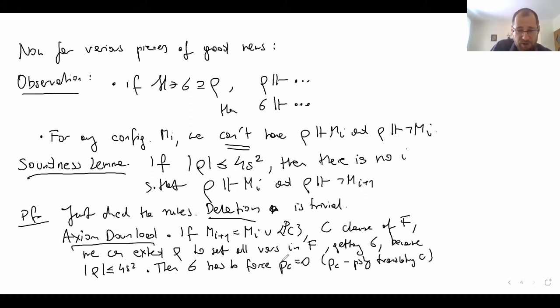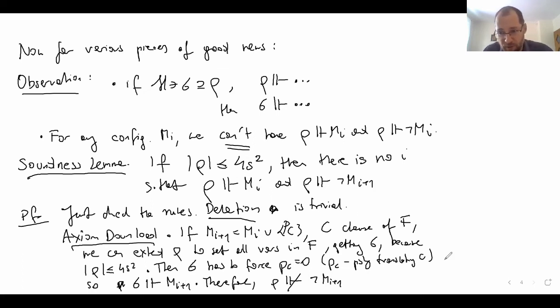So sigma has to force the clause to true, the polynomial translating it to 0. So sigma actually forces M_{i+1}, because that's the one new polynomial in M_{i+1}. All the other ones were forced to 0 already by rho. Therefore, rho does not force not M_{i+1}, because if it did, then sigma would also force not M_{i+1}, and that doesn't happen. So that's axiom download.